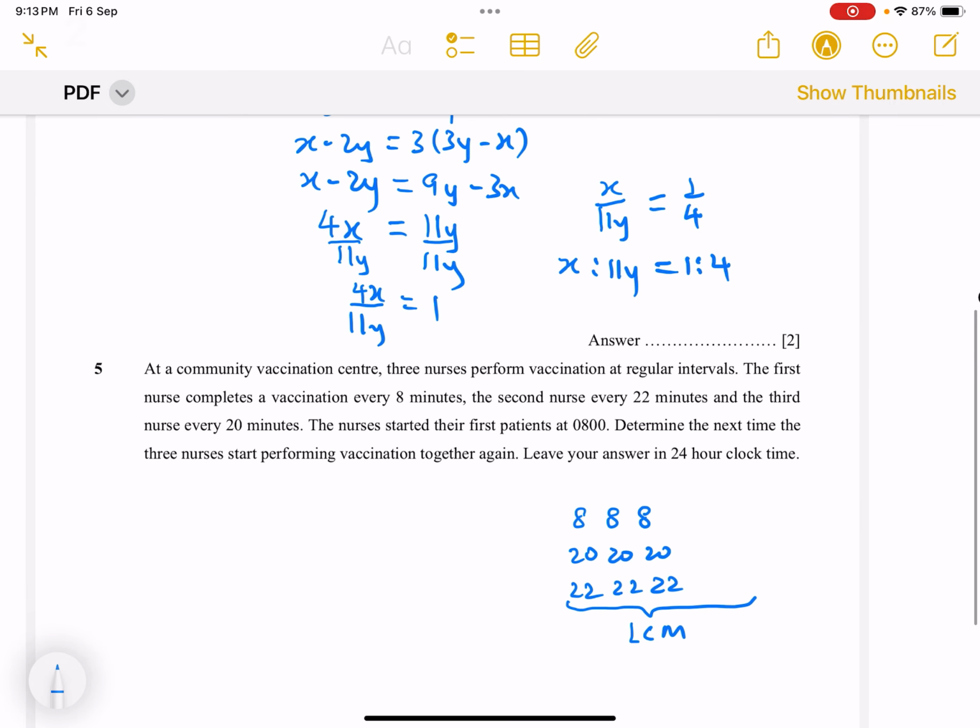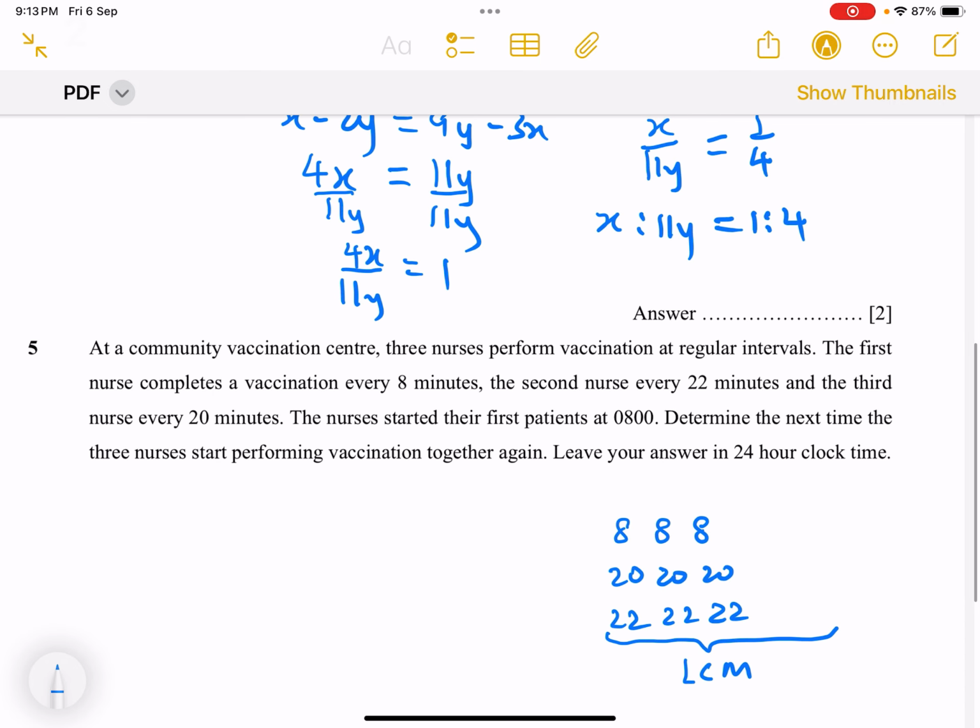Right, now the next sum, you notice that there is an interval for every nurse. The first nurse every 8 minutes interval, second nurse every 22 minutes interval, and the third nurse is every 20 minutes interval. Now, this type of sum where there are intervals usually refers to the LCM sum.